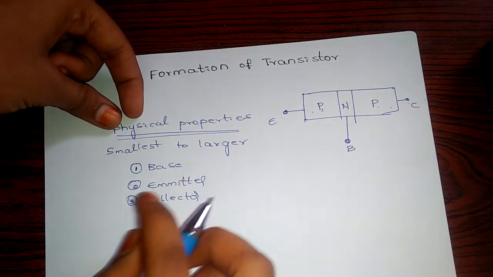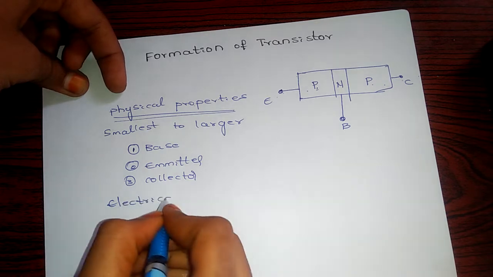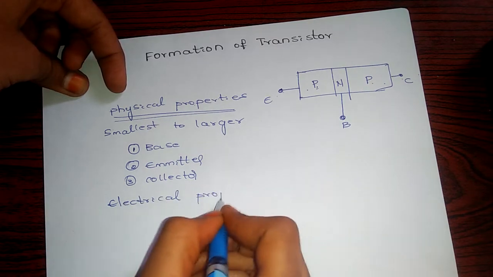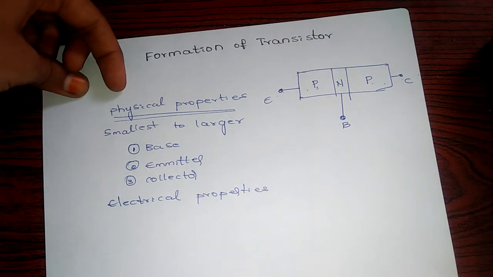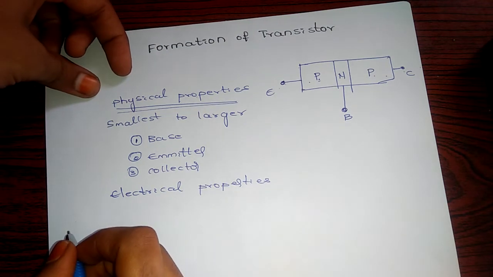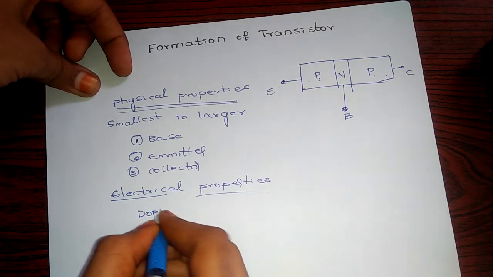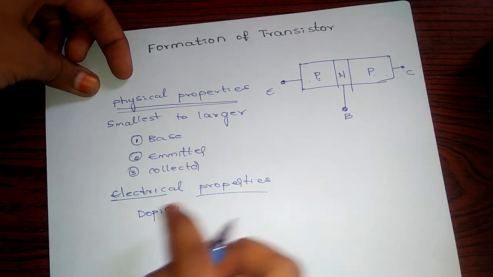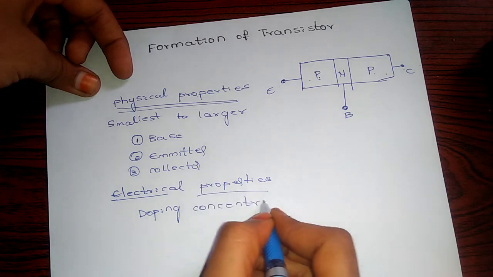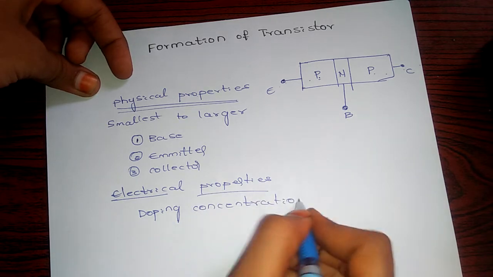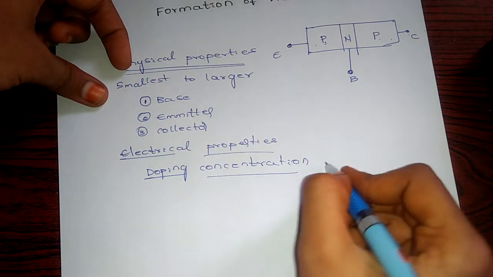While looking at electrical properties, we have doping concentration. Let's look at doping concentration, again from small to high.